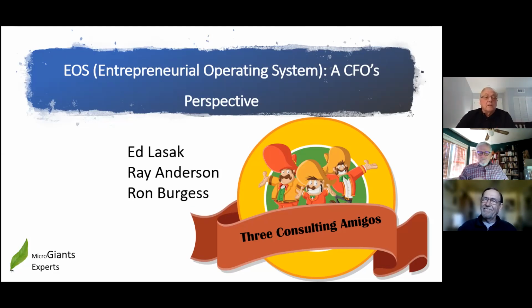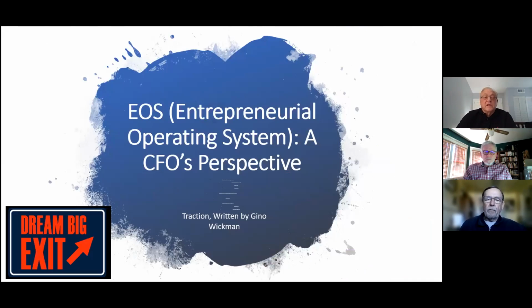Thank you, Ray. I would like to start the meeting off by talking about a system, a model that I've been reading about. I found out there's a book that has been written, and it's called Traction.